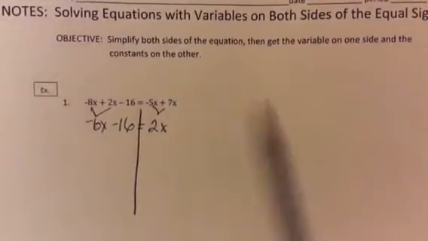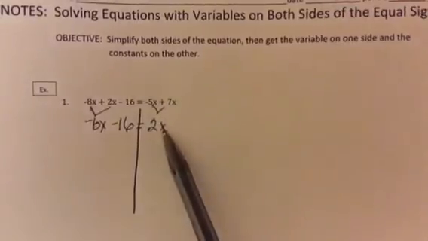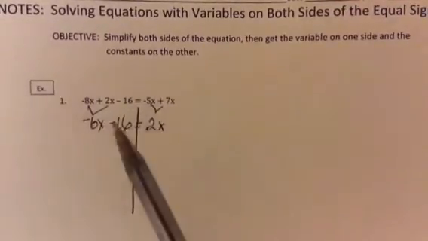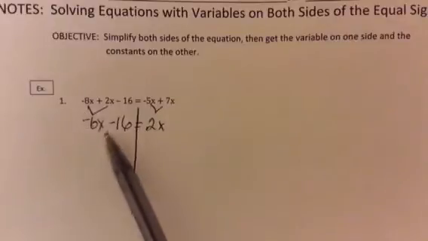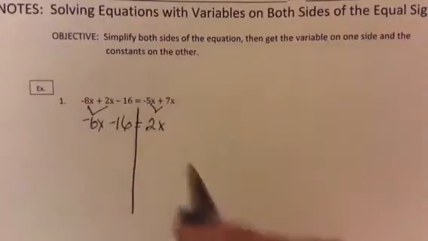All right, now, when I look at something like this, I think, well, I've got an x on this side, an x on this side, and I've got only a constant on the left. So what I'm going to do is keep that constant there, since it's already there, and I'm going to move this to the other side. Well, how do I do that? Well, what I have to do is have negative 16 alone first, which is kind of weird.